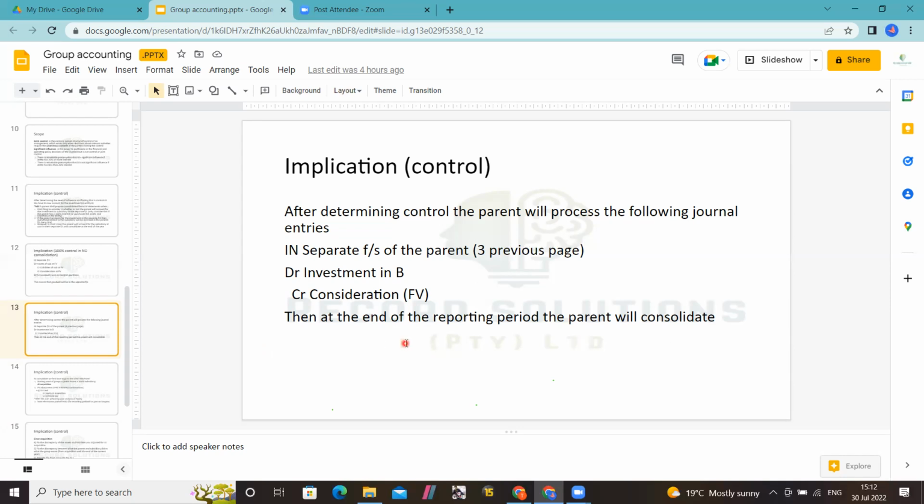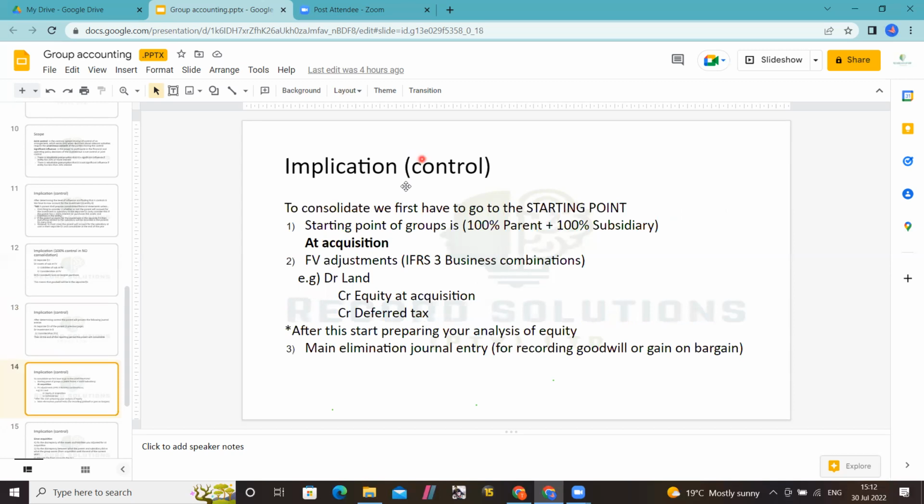Then now we're going to the reporting period where the parent will consolidate. Because we are starting with this consolidation process, we have to know what is to consolidate. To consolidate basically is you go from combined journal entries to consolidated journal entries.